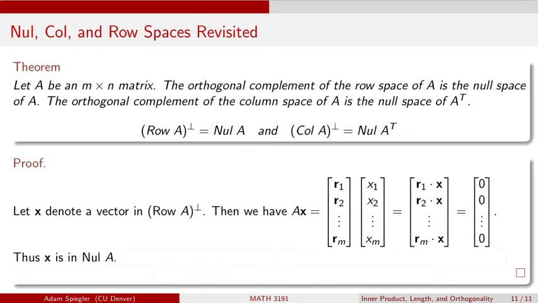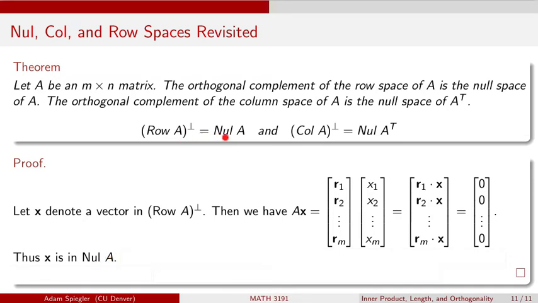So therefore, we see that A times x equals the zero vector, and then by definition, this vector x is in the null space of matrix A. So this tells me that any vector x that's in the orthogonal complement to the row space of A has to be in the null space of A.